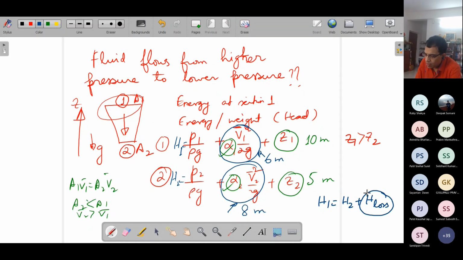But there is always a loss of head in practice. This is the energy required to overcome the viscous resistance. That is, the fluid has to do work against the viscous resistance, and that appears in the form of a loss which is positive. So that means H1 should be greater than H2. That is the other constraint physically. Greater than or equal to, in the sense that in an inviscid flow, H1 will be equal to H2, the loss will be 0.